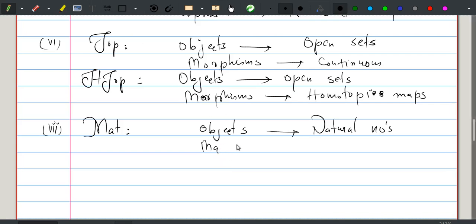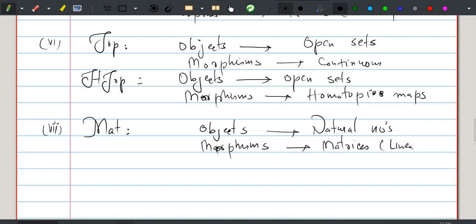So morphisms are matrices, which are just linear transformations.